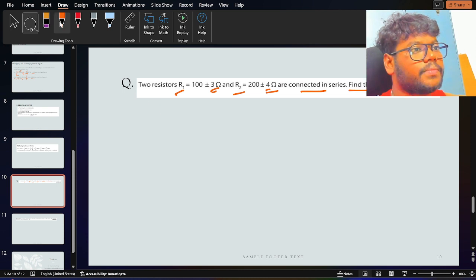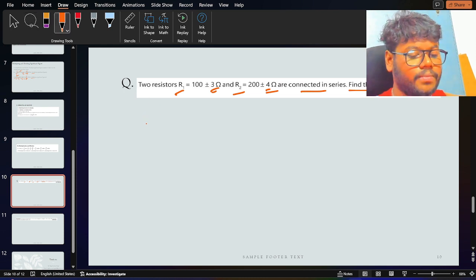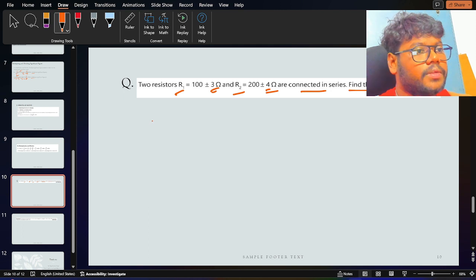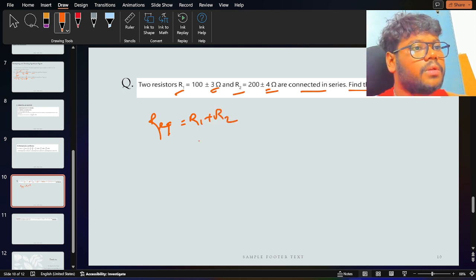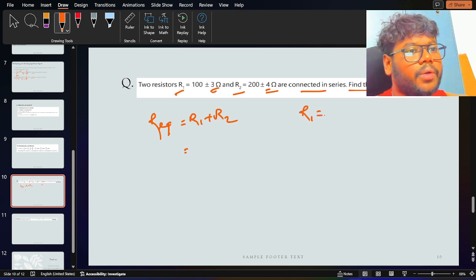For R equivalent, as we all know, in a series connection it is R1 plus R2. Let's say R1 is 100 plus or minus 3, and R2 is 200 plus or minus 4.